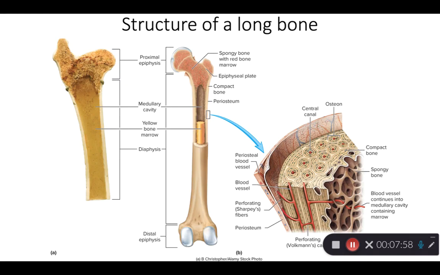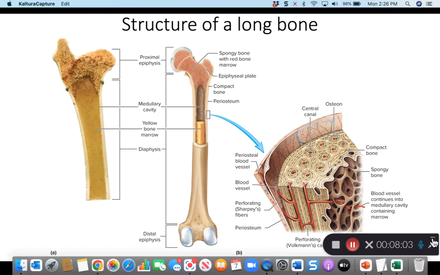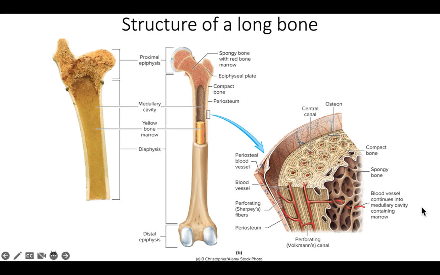All right, next topic. Next topic we call structure of a long bone. So we're looking at a long bone. In this case, your book uses the femur. It could just as well be a humerus or a tibia or fibula, but this is any of your long bones. We're looking at different parts to them. First thing we like to do is look at the 2 ends.